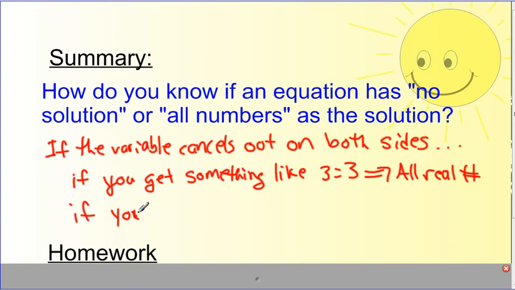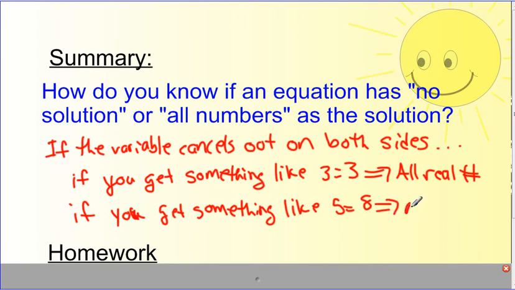If you get something like 5 equals 8, where the numbers are not the same, that is no solution. But the first thing to make this true is that if the variables cancel out on both sides.